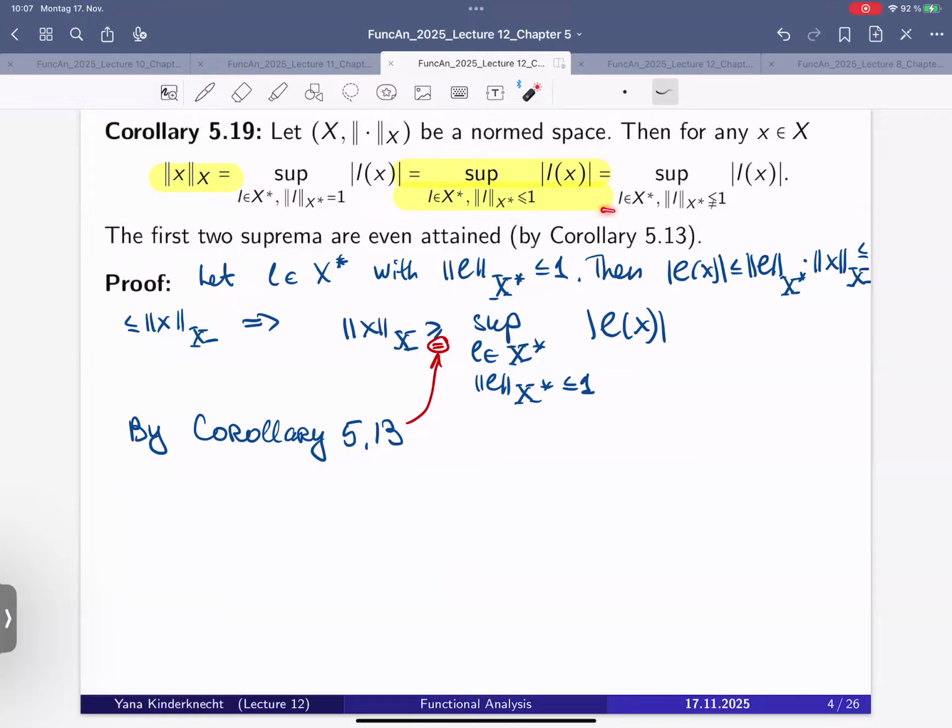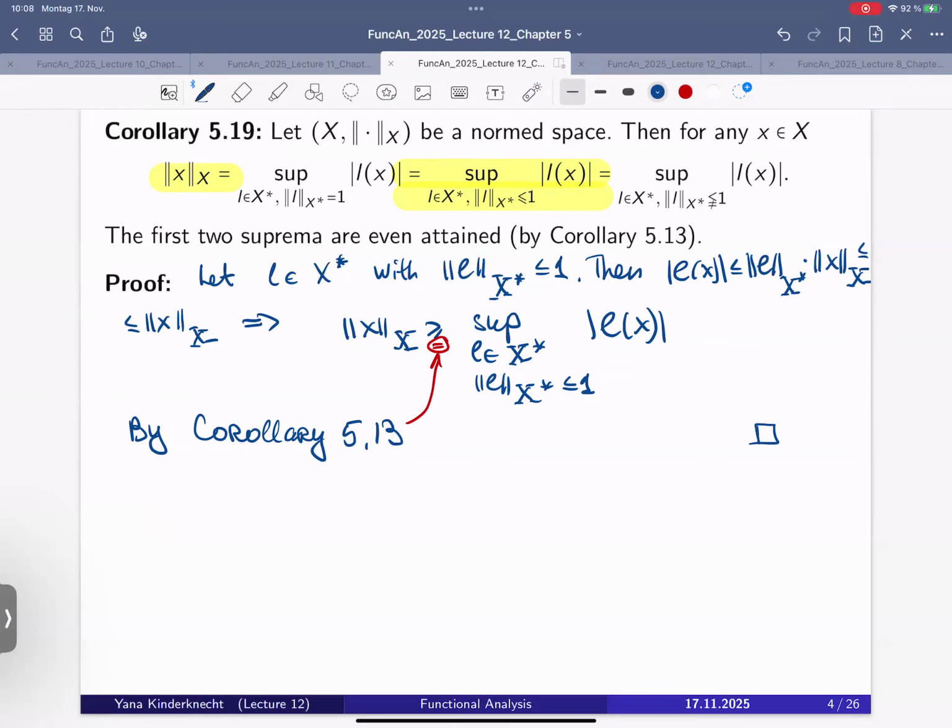Okay, and here we have the supremum over an open unit ball, and here the supremum over the closure of this unit ball. Due to continuity of the linear functionals which we consider, these suprema are equal. So I'm not going to write down anything concerning it. I hope that everything is clear.